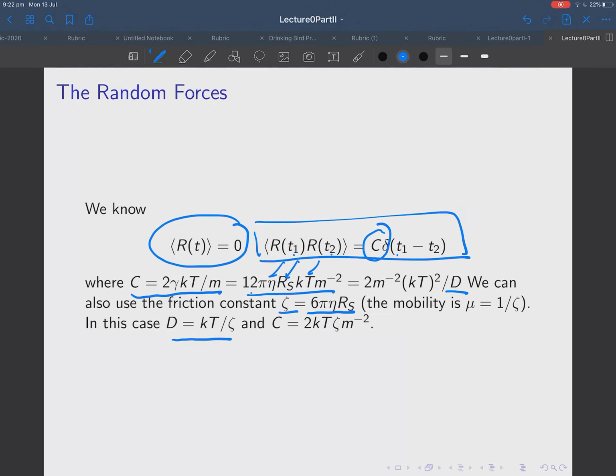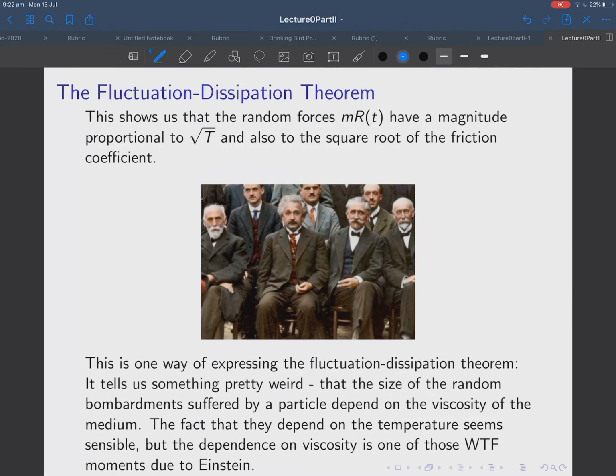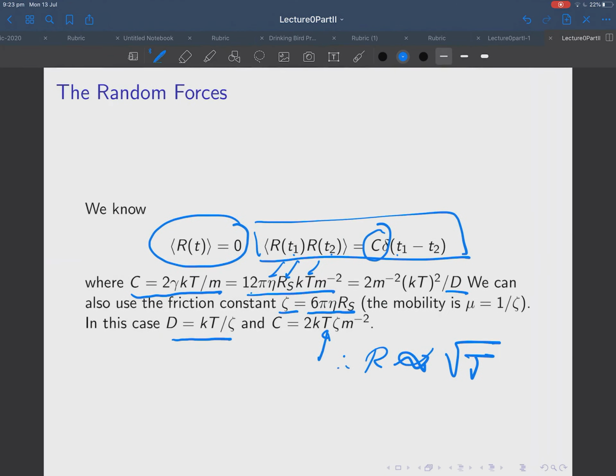Okay, so this shows us something important, that you get random forces because C here has got a T in it, and therefore the random force is proportional to the square root of temperature. So this is a result which is due to Einstein, and it shows us that the random forces have a magnitude proportional to the square root of temperature and also to the square root of the friction coefficient.